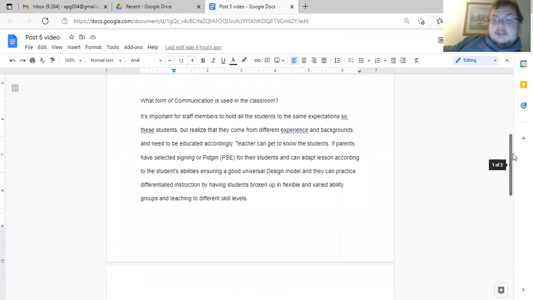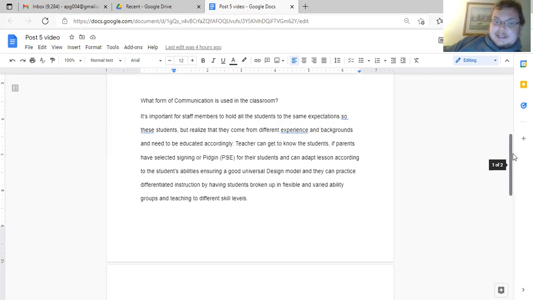A good universal design model would be if a teacher allows students to use both, or maybe a combination, maybe breaking up the class into small groups. Some could be communicating in ASL, some could be using Pidgin, so it's flexible.